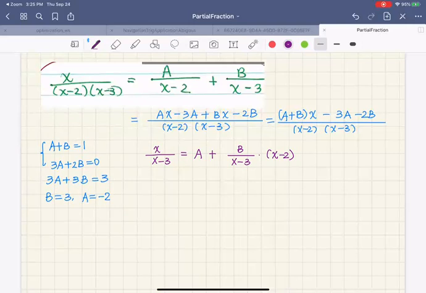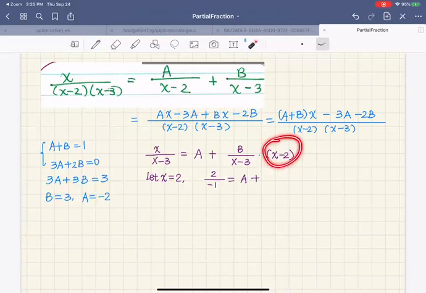And then I'm going to let x equals to 2. If I let x equals 2, the left side is 2 over 2 minus 3, which is negative 1, equals to a. Plus x minus 2 is 0, so this term is 0 for sure. Yes?